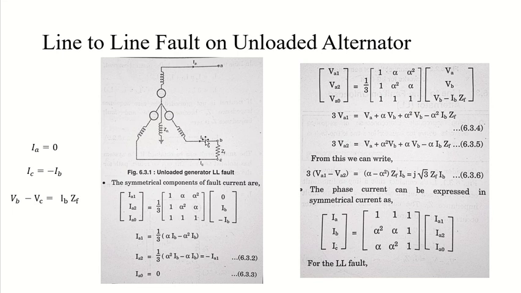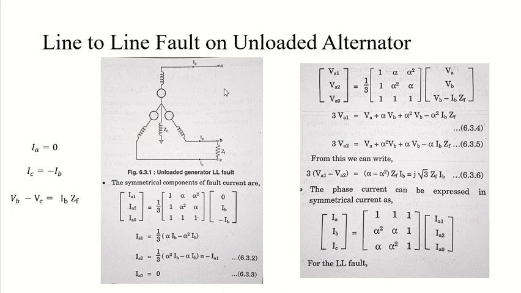The current flowing through phase B will be exactly the same as the current flowing through phase C, but in reverse direction, which means IC will be equal to minus IB. The fault is only between these two phases, so there will be no flow of current in phase A.